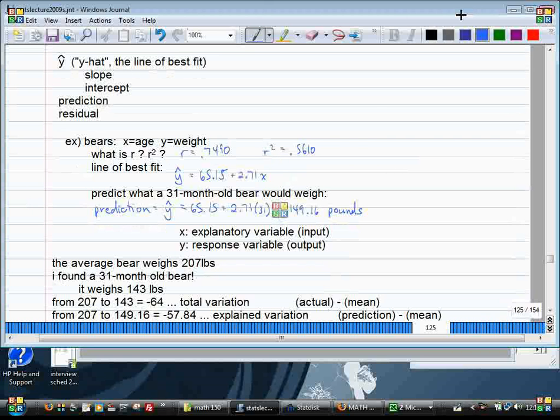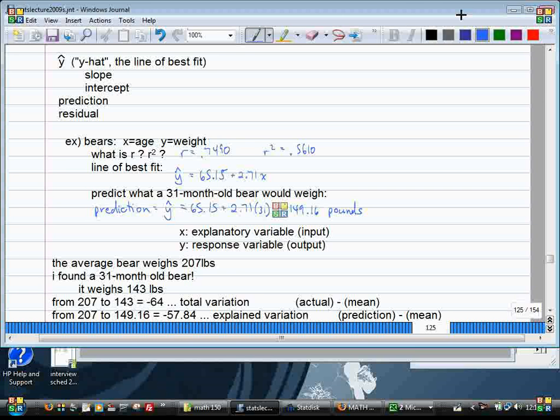Now, why is this called the explained variation? Explained using what? I explained it with my straight line. The straight line predicts that instead of being 207, the bear is going to be 149. So the prediction or the explanation of the line is that it's going to be negative 57.84, or 57 pounds less.